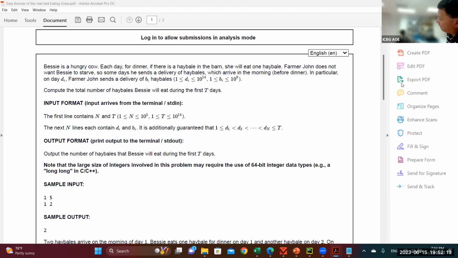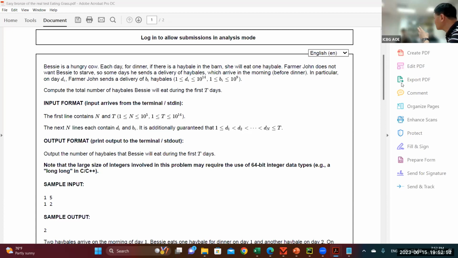So that's solution one. Solution two is that, okay, it tells you that's T days. I just mentioned Bessie can eat one hay bale per day. So the maximum Bessie can eat is T, because that's T days. Then you need to find out how many hungry days Bessie has.